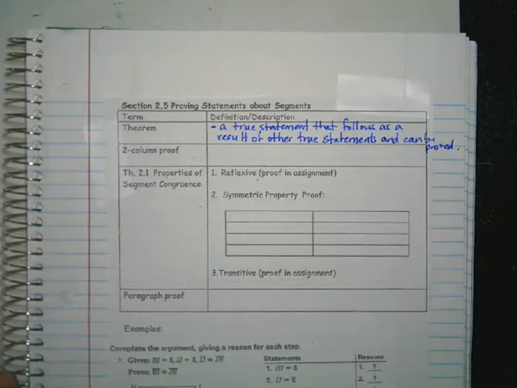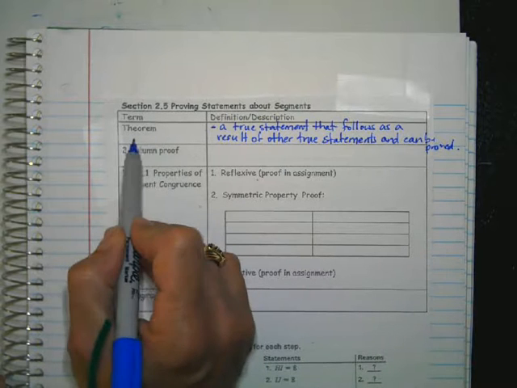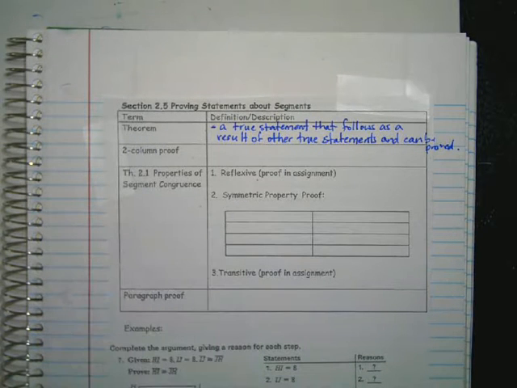So we're going to be proving. Every time you see the word theorem, from now on, you're going to know that there's probably a proof in your near future, because we're going to do that a lot. So I'm going to highlight theorem.